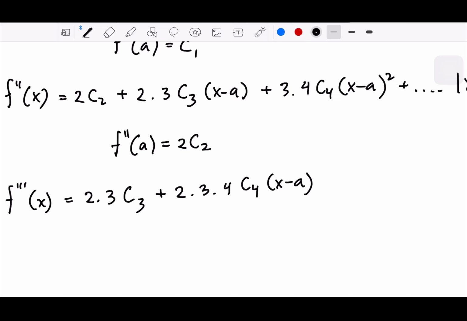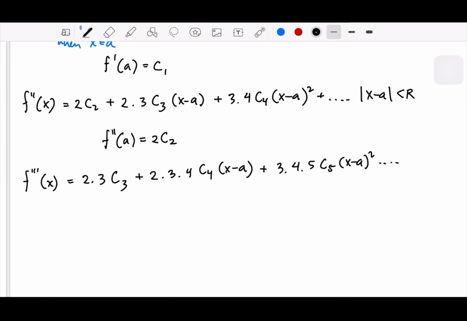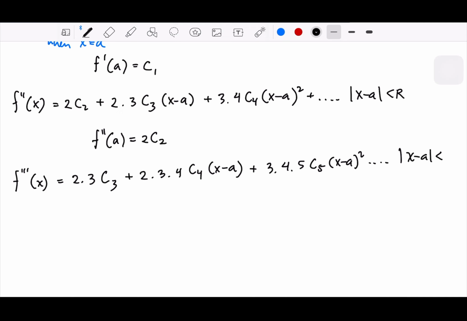And then another one will be plus 3 4 5 C5 times x minus a squared, and then dot dot dot. If we have x equal a, for the third derivative this will equal 2 multiplied by 3 C3.